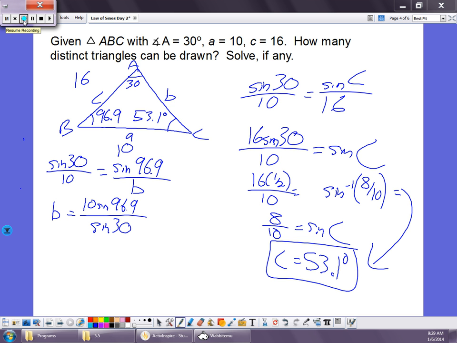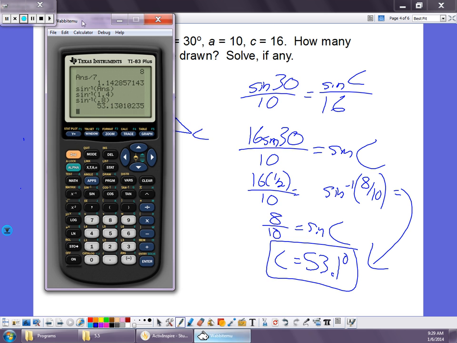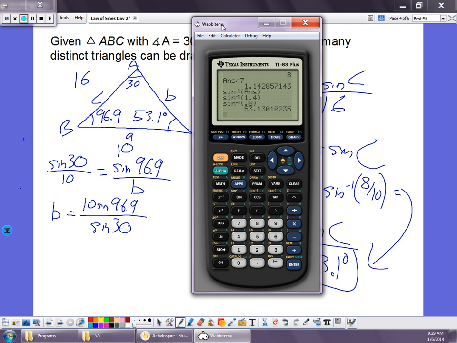Go to your calculator again: 10 sine 96.9 over sine 30. No inverse, because now we're solving for a side. You only do the inverse when you're solving for an angle. So you get B equals 19.9.